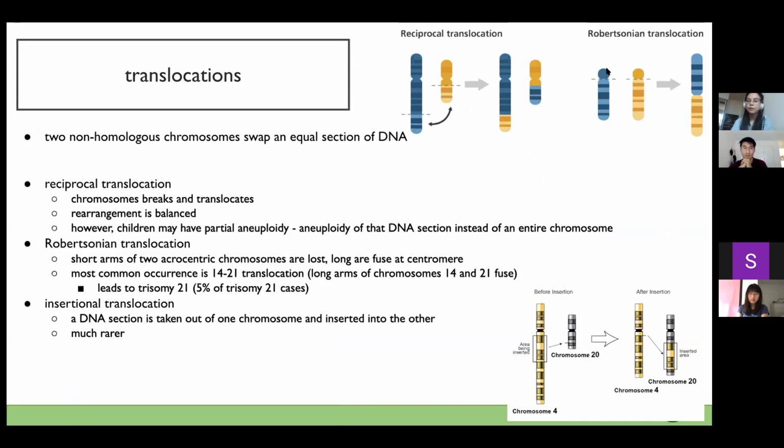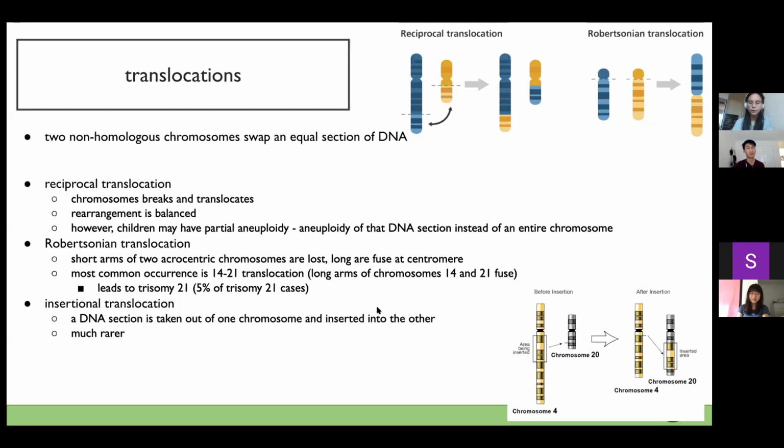And instead of joining back to the satellite here, it joins to the other chromosome instead. So if this is chromosome 14 and this is chromosome 21, you've got chromosome 14 joining to 21 and forming a metacentric chromosome here. And then these two bits just get lost. Oh, okay, cool. Does that make sense? Yeah, that makes sense. Thank you.